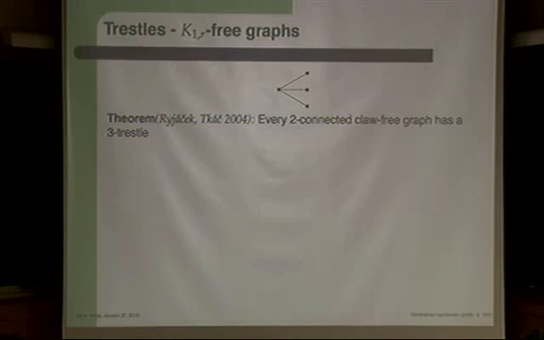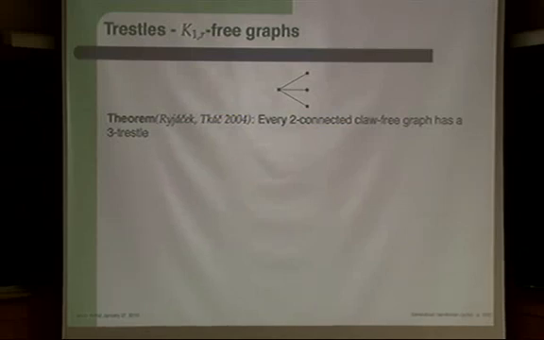The last thing I want to talk about: in 2004, Ryjáček, who is my boss, and Kaj, another guy from Slovakia, proved that every 2-connected claw-free graph has a 3-trestle. Claw-free means K_{1,3}-free, and I didn't mention it for k-walks. For k-walks, it's true that if the graph is K_{1,k}-free, then it has a (k-1)-walk.